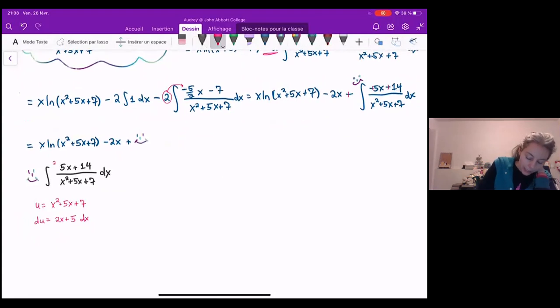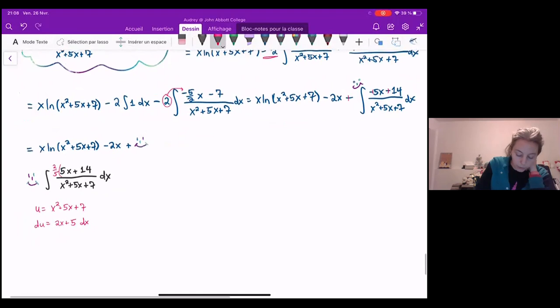Now, if you found it easier, you could also factor the 5 out first. I'm going to multiply by 2 over 5 to turn that 5 into a 2, which means I'm going to have a 5 over 2 on the outside here. So this is 5 over 2 times the integral of 2x plus 28 over 5, all divided by x squared plus 5x plus 7 dx.